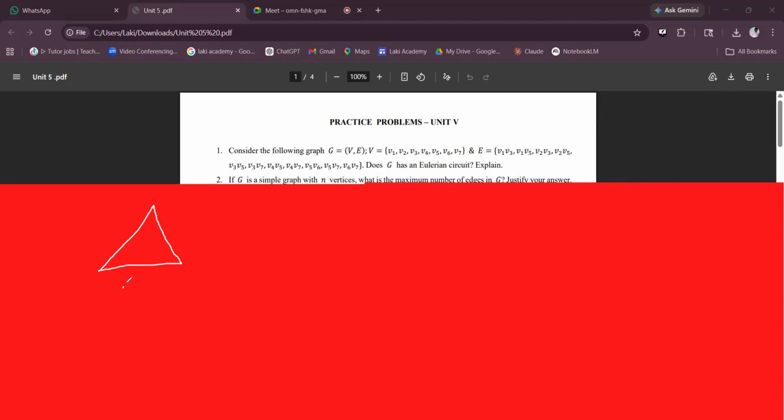So you can see here the number of vertices is 3. The number of edges will be 3 if you connect all vertices. Here the number of vertices is 4. The number of edges will be 6, right? How?